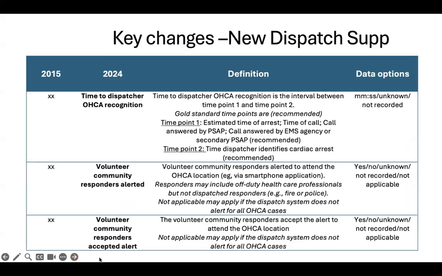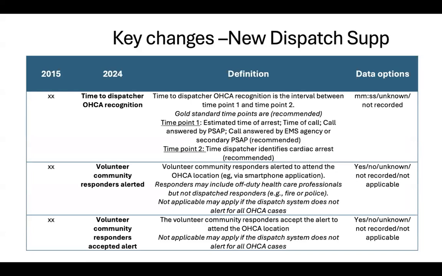And then these are some supplementary variables that can be included. Time to dispatcher recognition, as I said, is important, and it's about where you take time zero. The recommendation here is that it's when the call is answered by the EMS agency or a secondary public safety answering point.